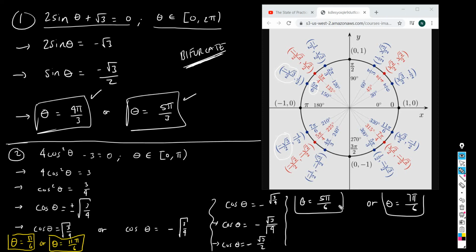It will always be only two possibilities. Okay, so the solutions to this particular equation are theta equals 5 pi over 6 or theta equals 7 pi over 6. So this is one, this is another one.